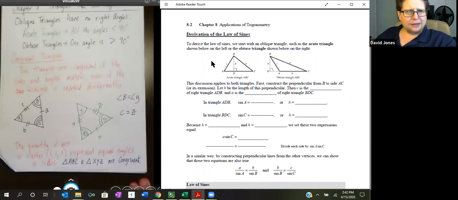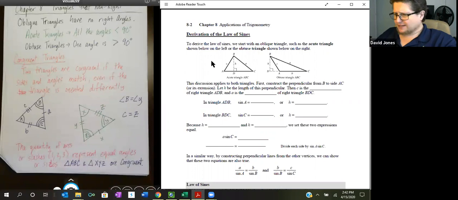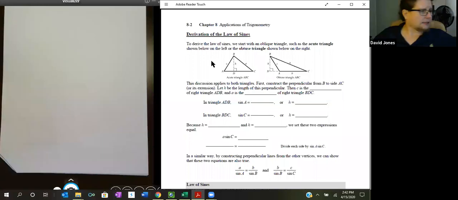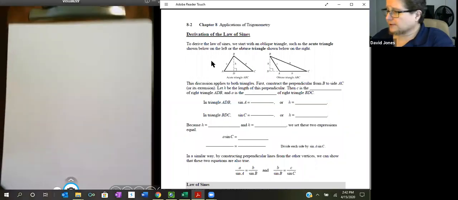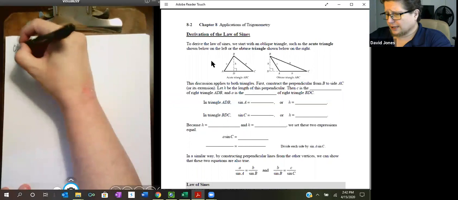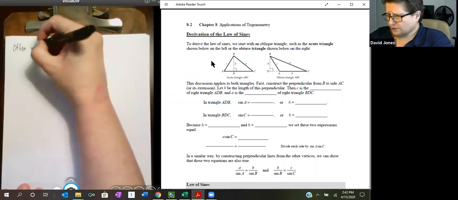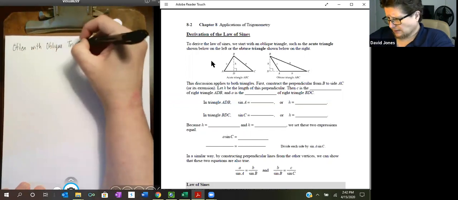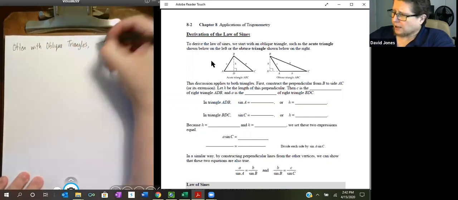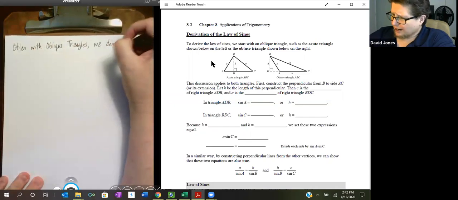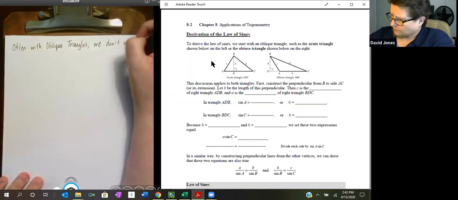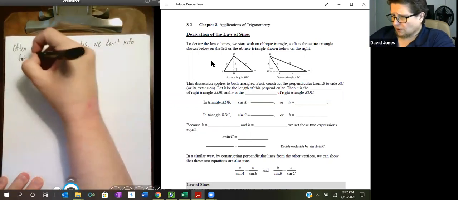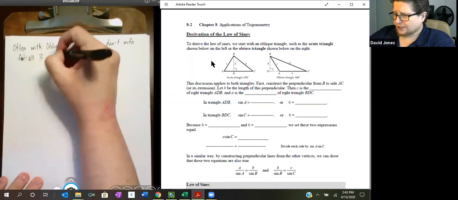That's some background information. Let's dive a little bit further into this rabbit hole. Often with oblique triangles, we don't have information for all three sides and all three angles.